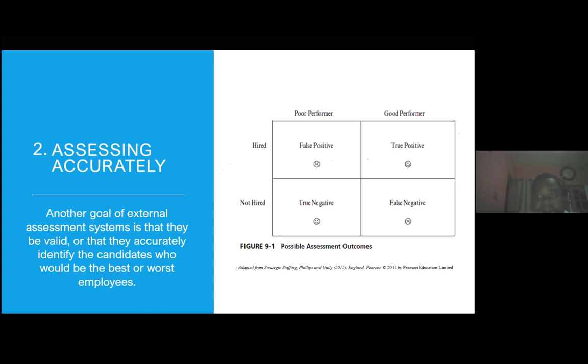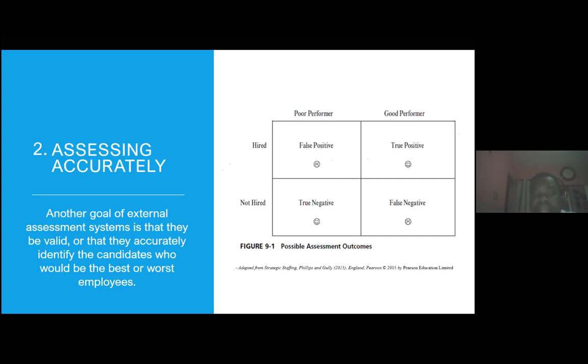But what no hiring manager wants to happen in the assessment process is to hire applicants that fall within the false positive and the false negative area. The false positive area means that a job candidate of choice turns out to be a poor performer, and the false negative is not hiring someone who would have been a top performer.